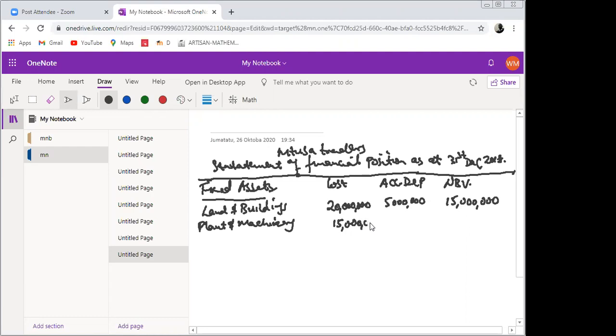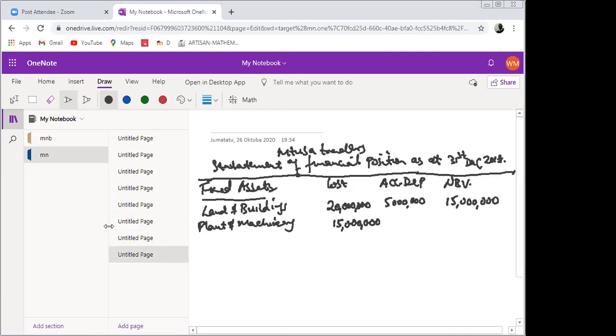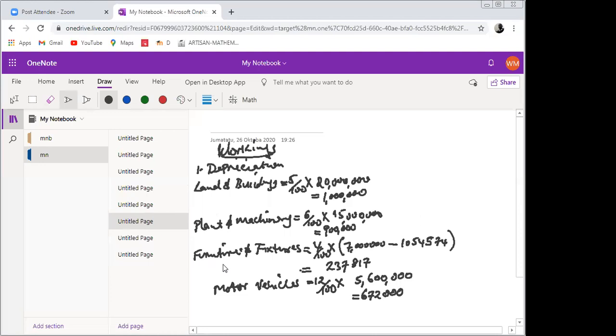What was the depreciation per year for this? 900,000 per year, times 5 years, gives 4.5 million. So this means they are going to have a net book value of 15 million minus 4.5, which is 10,500,000. Like that, we go to the next asset, which is furniture and fixtures.